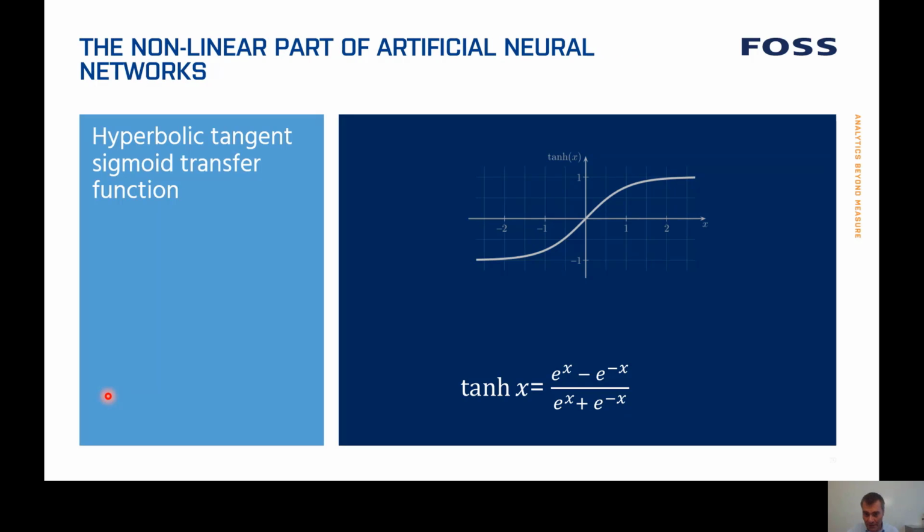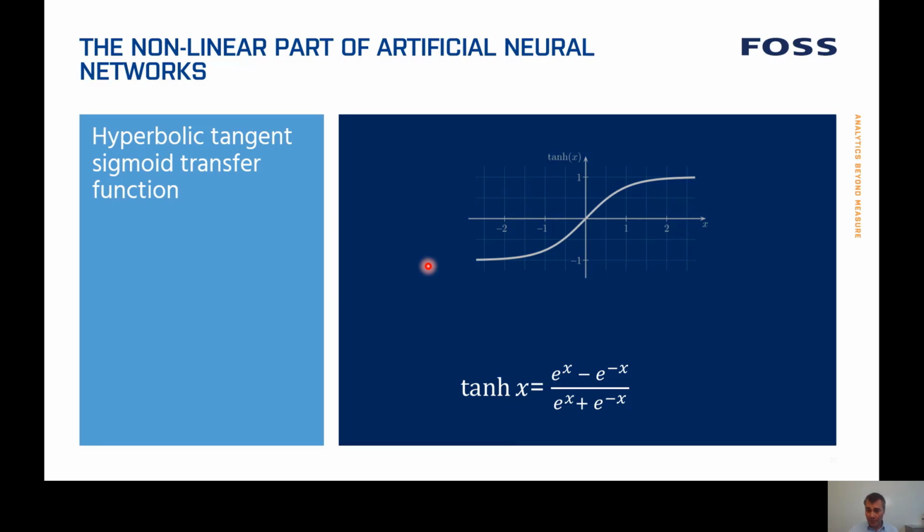Sorry, I'll come to the architecture right after this, but they are utilizing the hyperbolic tangent sigmoid transfer function to introduce the nonlinearity, or to handle the nonlinearity. We can see that this function is quite linear in the middle here, and it has some nonlinear curvature up here and down here. So it can handle and cope with both linear and nonlinear aspects of the database.